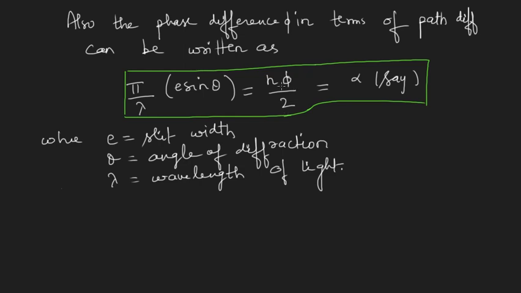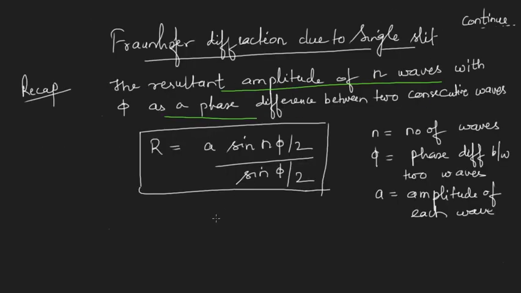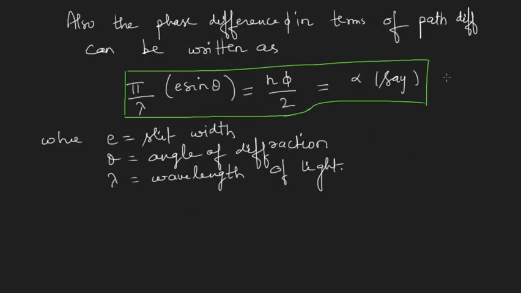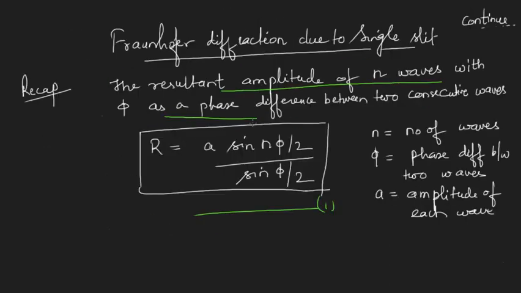Now, substituting n phi by 2 equal to alpha in equation number 1, let me call this equation 2. I will get R as A sine of n phi by 2, which is alpha, and in the denominator we have sine of phi by 2.